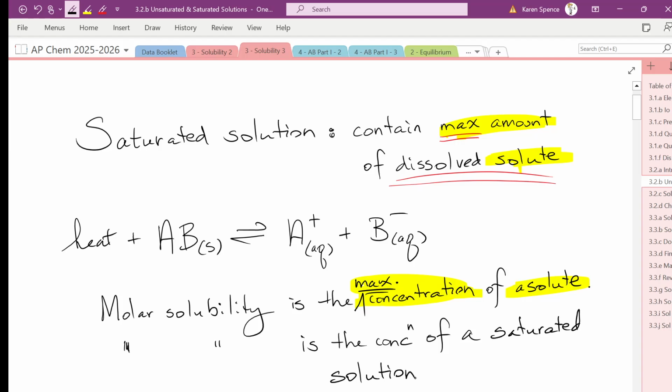So if you were wanting to find the solubility of a compound, you would probably want to make a saturated solution. Okay?